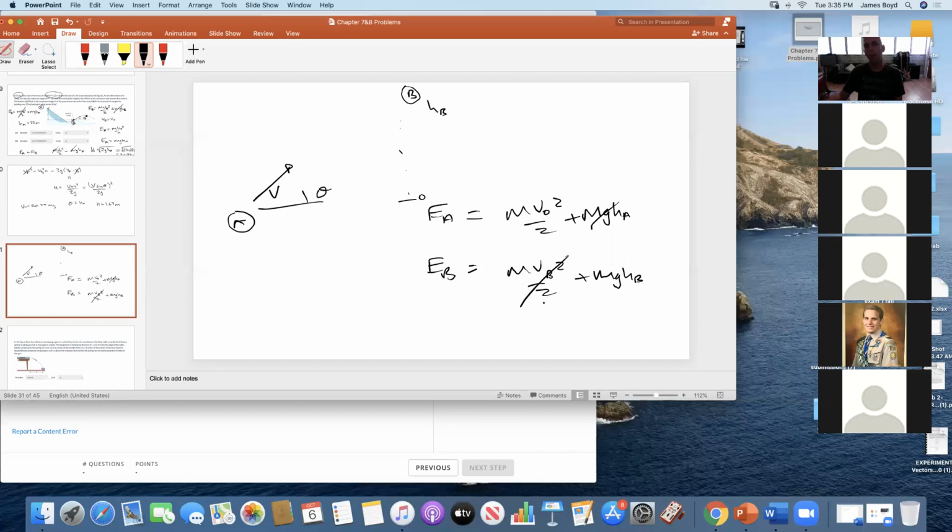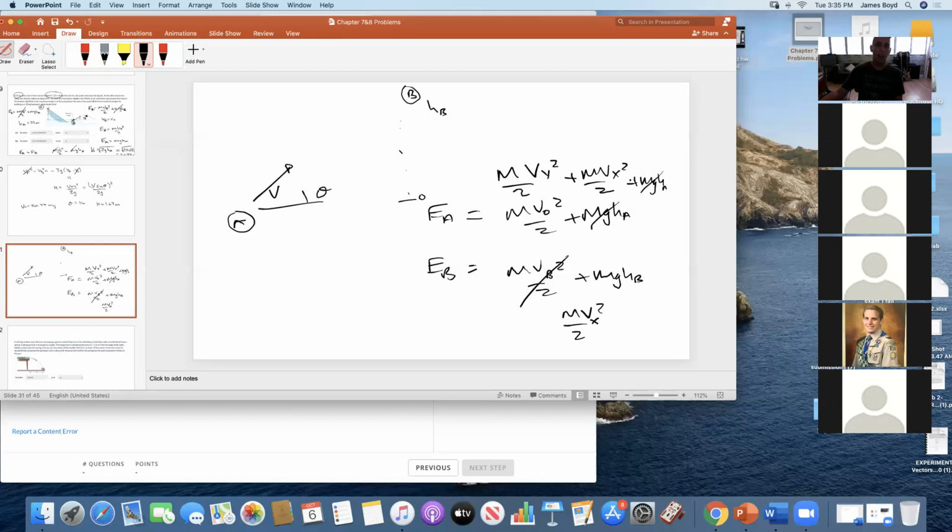What's wrong here? What's wrong here is it actually still has some mv squared at B. What it has is in the x direction. In the x direction, just because it's 0 on the y doesn't mean it's 0 on the x. So you could put that this is mvy squared over 2 plus mvx squared over 2 plus mgha.